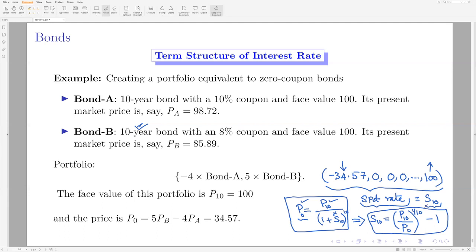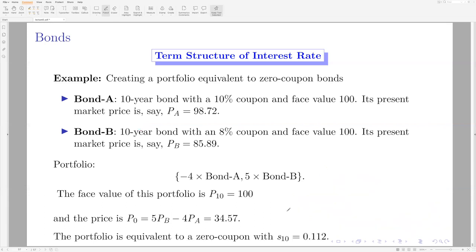So you just plug in all these numbers, you will get the spot rate as 0.112, that means 11.2%. Okay, so that's the spot rate. So if I give you 2 bonds and ask you to construct a suitable portfolio and find the spot rate, it means you have to construct a zero coupon portfolio out of the given bonds.